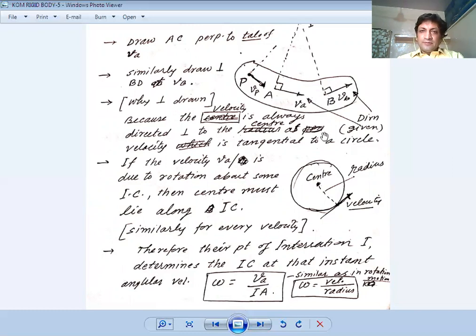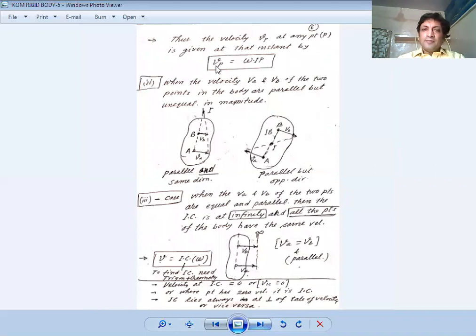After getting these values, we can find the velocity of the point P. Thus the velocity VP at any point P is given at that instant by r omega, where r means the distance from the instantaneous center, so r is replaced by IP. So IP into omega, r omega: the expression remains the same.